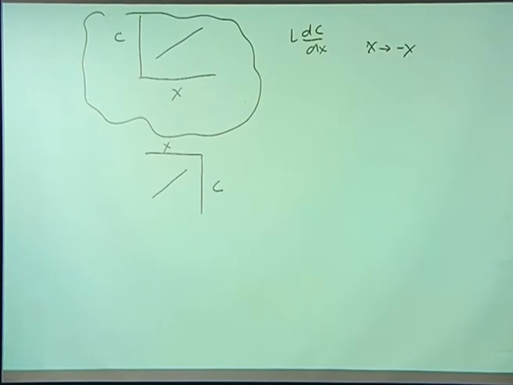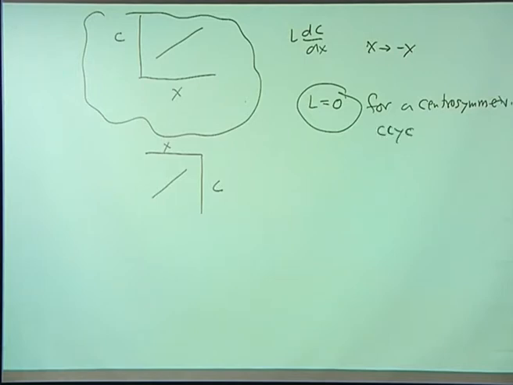When you think about it, the free energy shouldn't be a function of how you put down your coordinate system, right? And so L has to be equal to 0. In general, that holds for a centrosymmetric crystal. There are some crystals that don't obey that symmetry, but we're going to neglect them. We're just going to be worried about simpler cases here.